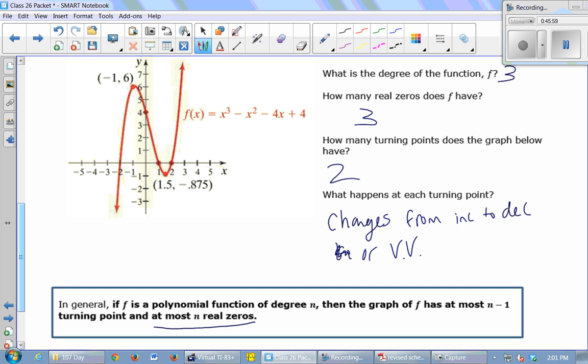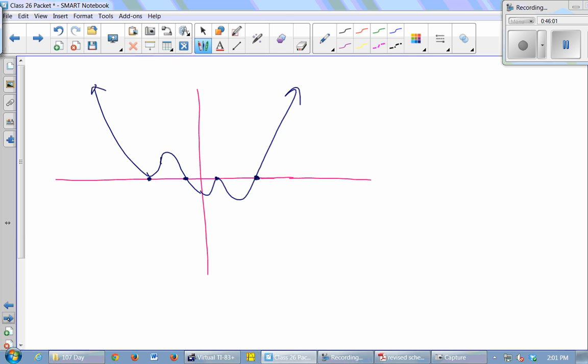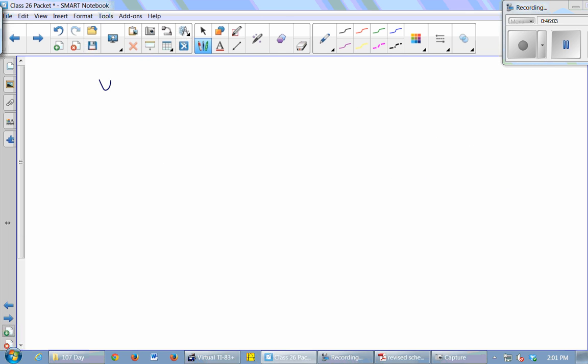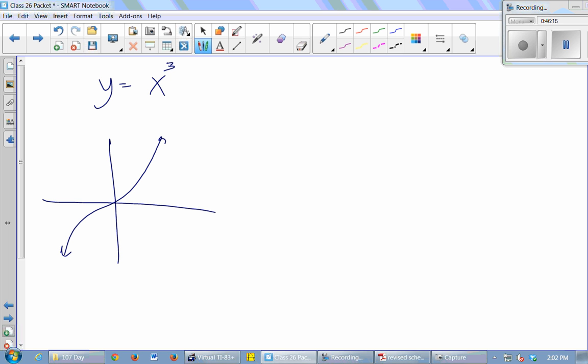So think about the graph of x squared. Or x cubed, right? How many real zeros does it have? 1. So it doesn't necessarily have 3.